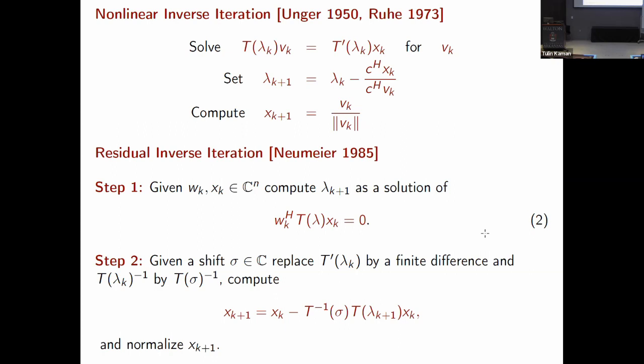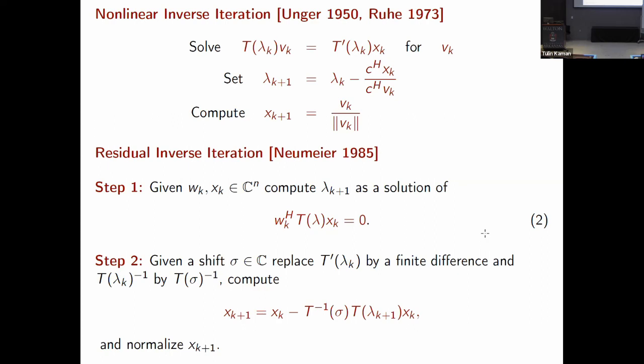And then we do two things. Now I have the new approximation, so I can evaluate T. And then in order to avoid calculating the derivative, updating it constantly with the new approximation of the eigenvalue, I fix the sigma, what we call a shift, and then I only have to evaluate T at sigma, so that I can prefactor it with LU factorization and use it when I'm solving a linear system.